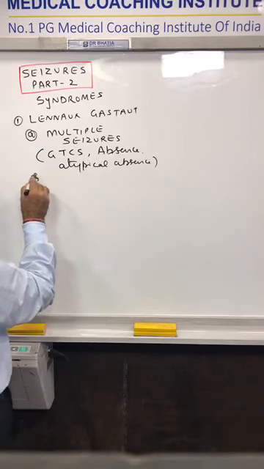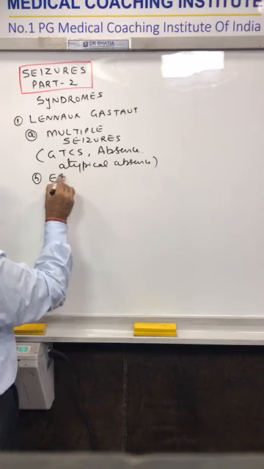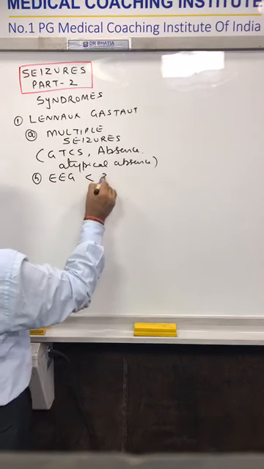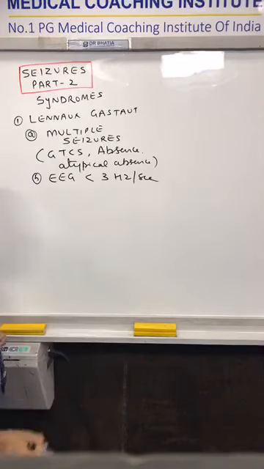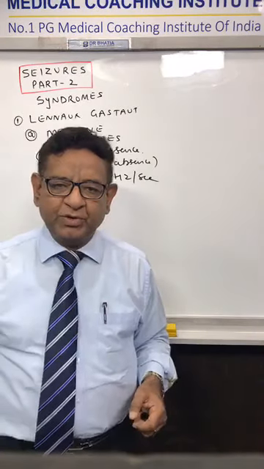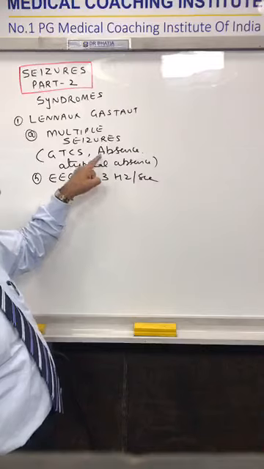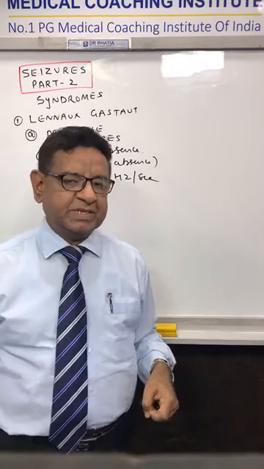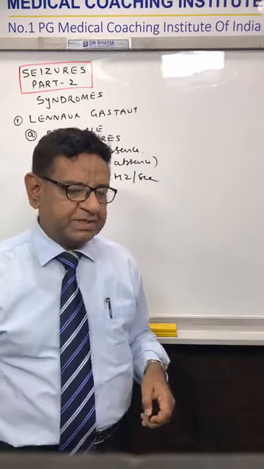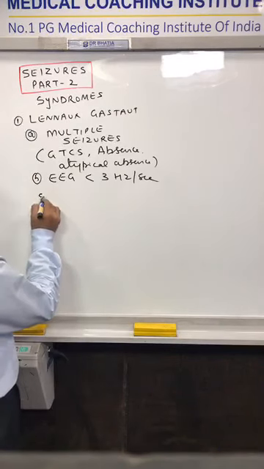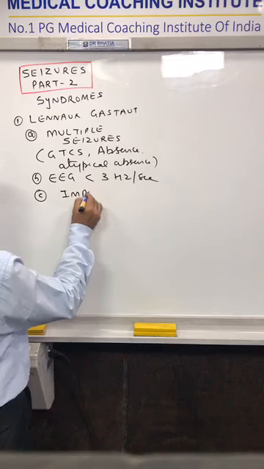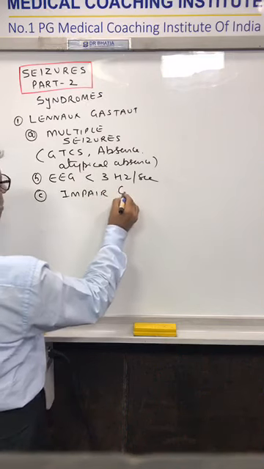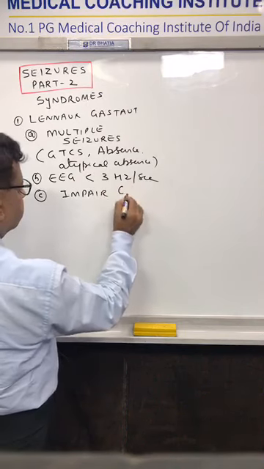Second, EEG is classically less than 3 hertz per second. If you can recall, in absence seizure it was 3 per second, but here it's less than 3 per second. And third is impaired cognitive function.